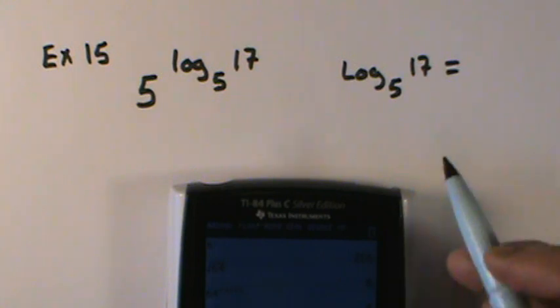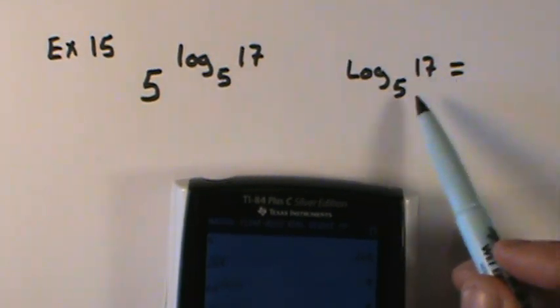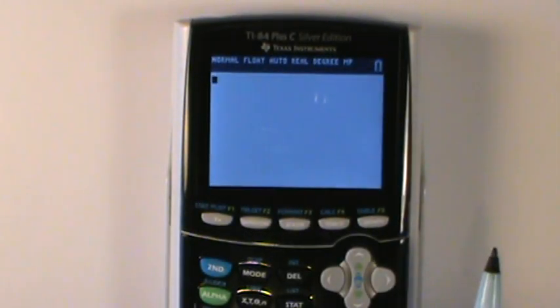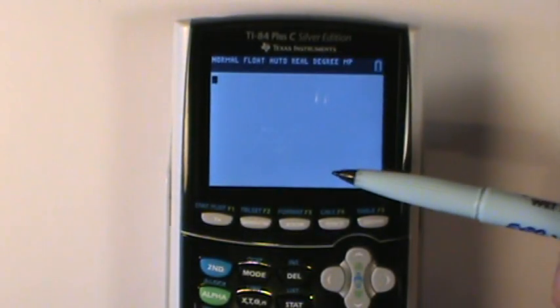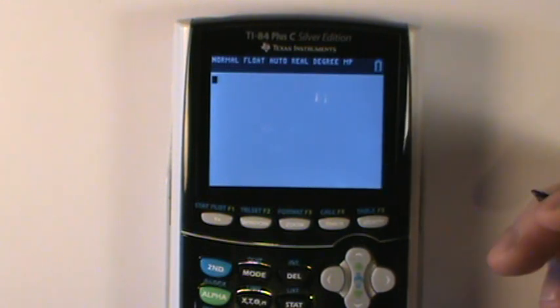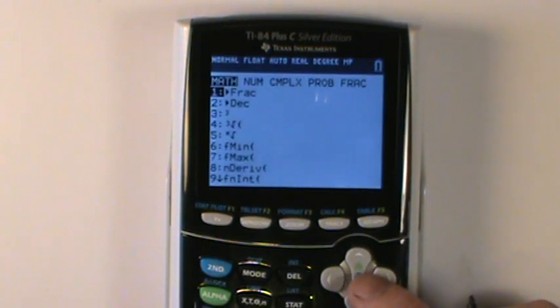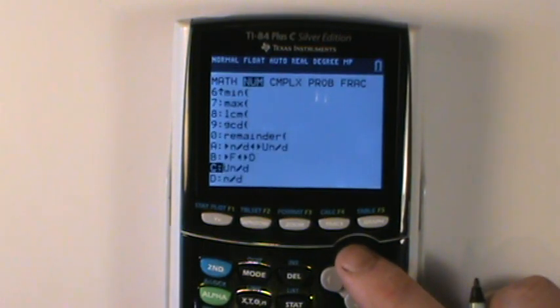I know where this is going to lead, but I want to make sure that you understand how to find this if you're confused. So in my calculator, and this is done differently for the 83 versus the 84, you can hit the log button on here, if I remember correctly. You can also do your math, and there's a log.